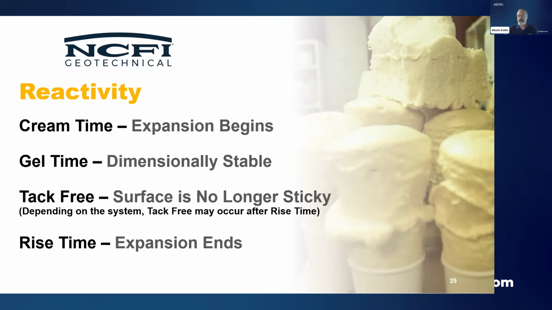You can see in the picture here on the right-hand side of the screen that the system they mixed in that cup in the lab was already dimensionally stable when it hit the edge of that cup, because it kept rising. It didn't flow over. So that's the dimensional stability. It'll hit that dimensional stability and it'll hold its shape, but it's still green. It's still not cured. It still moves.